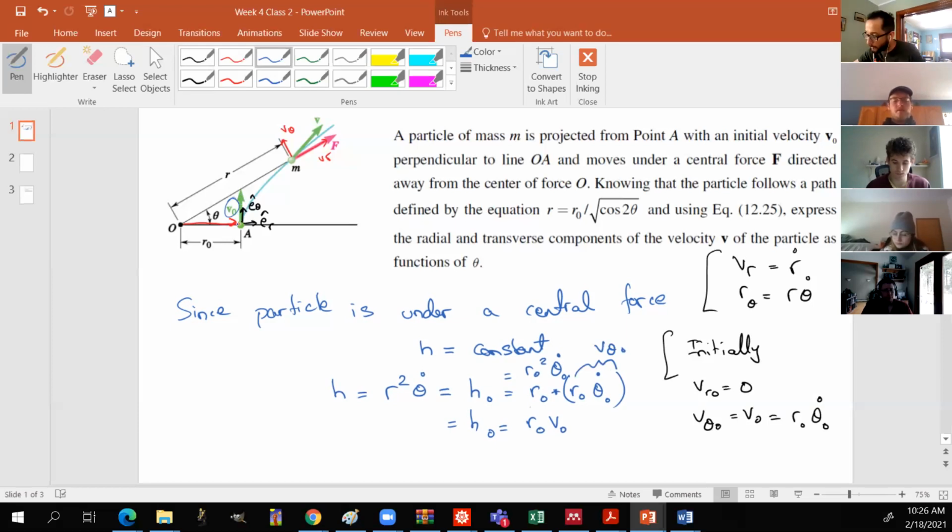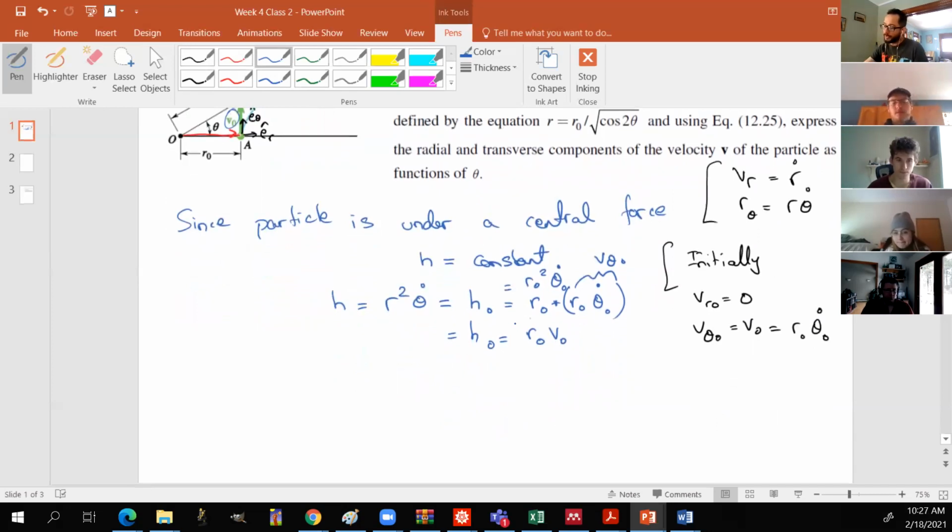And we know from the problem statement that in the theta direction initially, the velocity is v naught. So it just becomes v naught over here. Make sense? Yeah. All right, thanks.